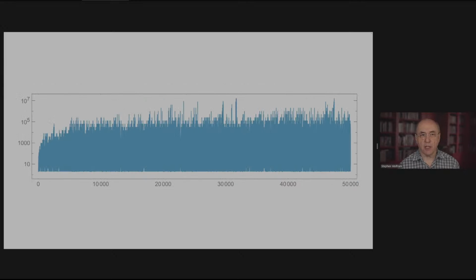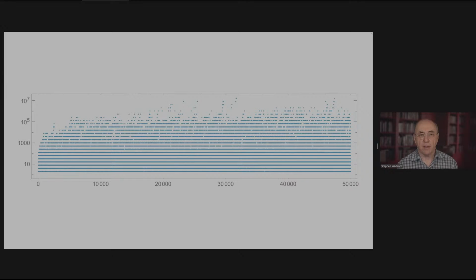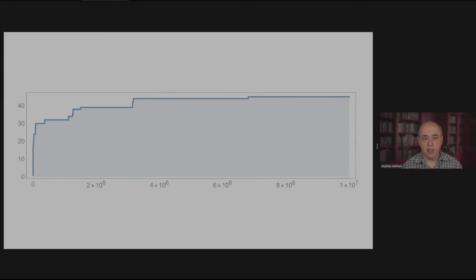Here it is up to larger values of n. Or plotting each point as a dot looks like this. So given the recursive definition of f of n, the values of f of n must always be powers of 2. So this shows where each successive power of 2 is first reached as a function of n.